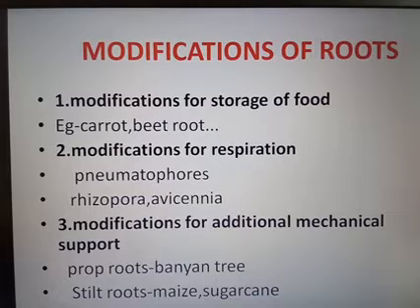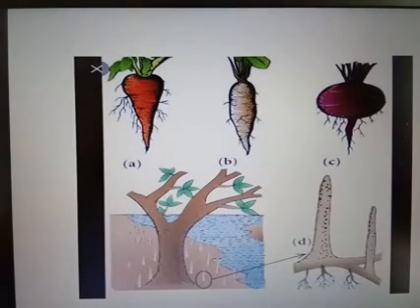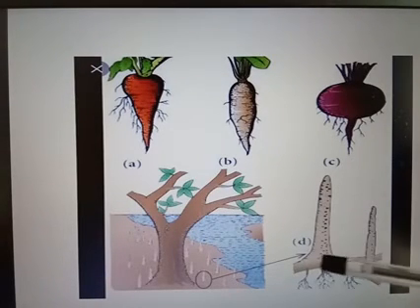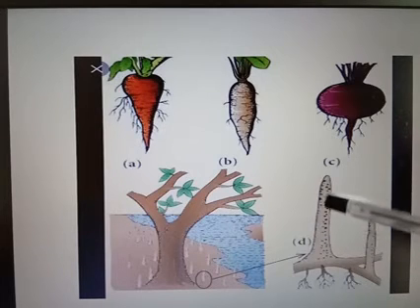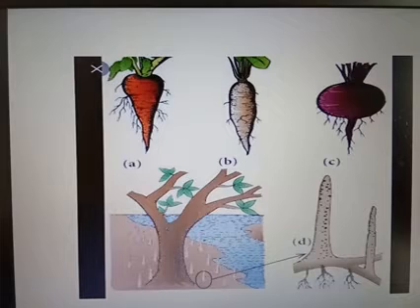Examples for this group of pneumatophores are Rhizophora and Avicennia. I will show you one photo. Please look here. This is an enlarged view. This is the negative geotropic root, and the name of the root is pneumatophore.